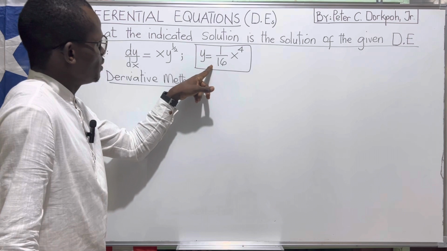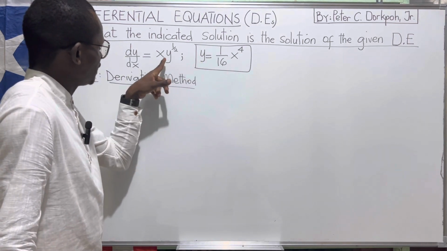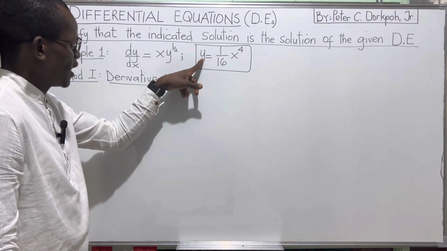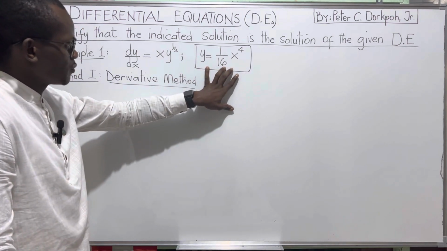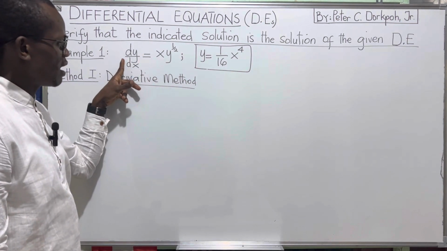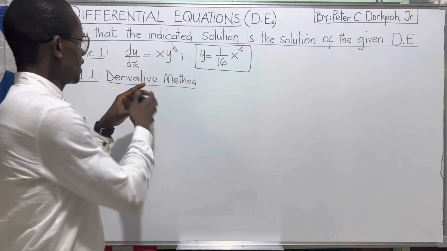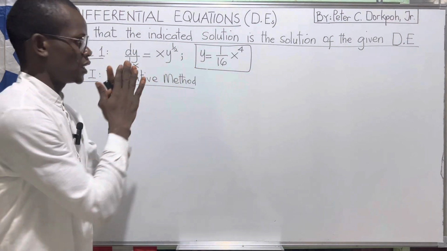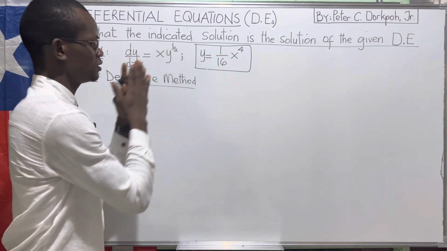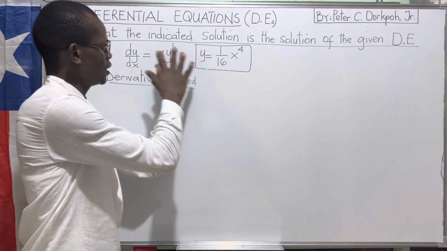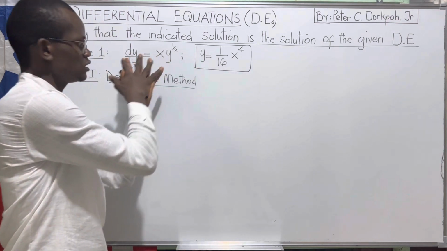So we can replace y and also find the derivative of y using the solution given to us, replace it in dy by dx, and show that the left hand side is equal to the right hand side. If the left is equal to the right, it means this given solution is actually a solution to this differential equation.